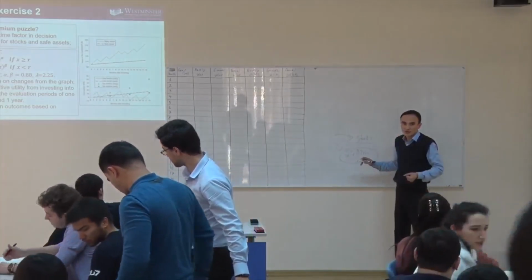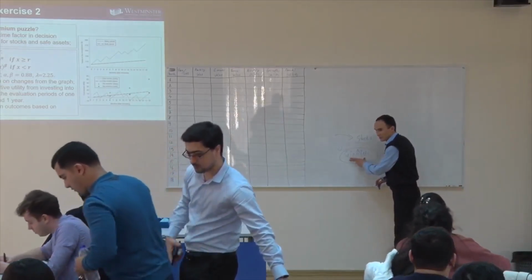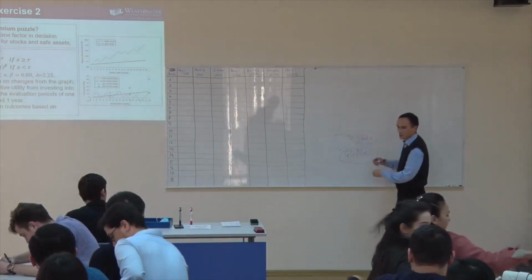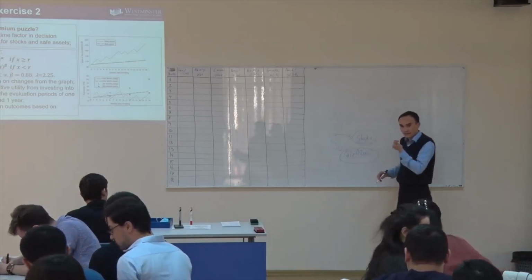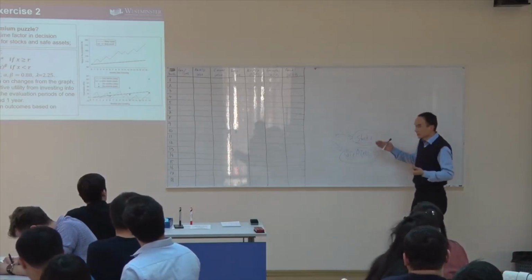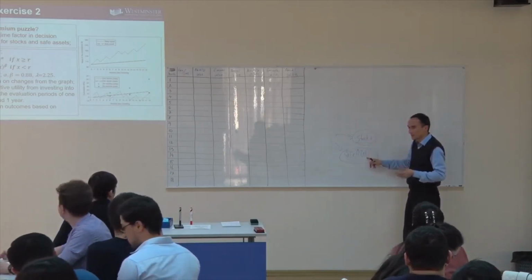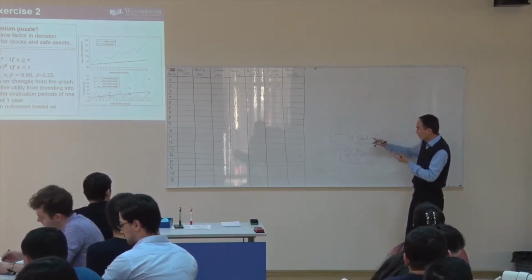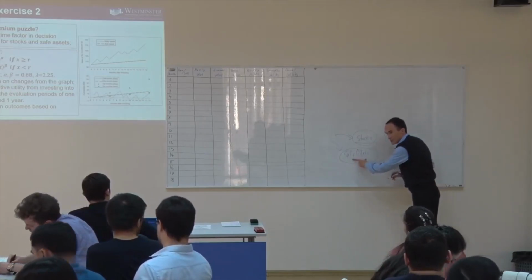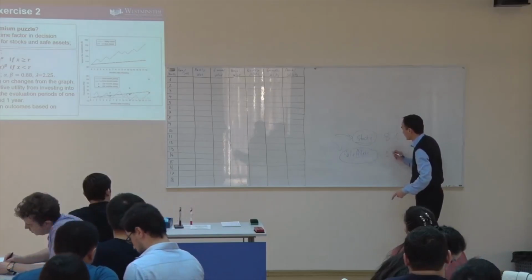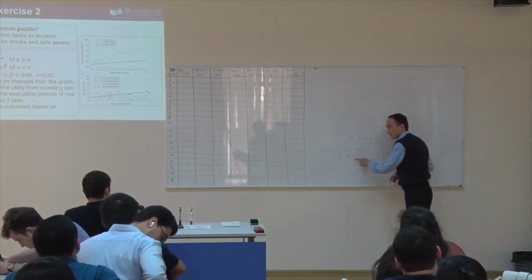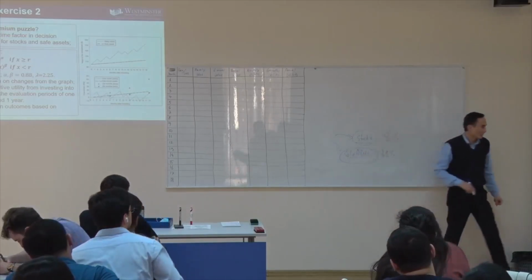Why? Because investing into stocks has risk. But the statistics from almost 70 years of data, the average return from investing into stocks and safe assets, show that the average return from investing into stocks was 8%, while investing into safe assets was less than 1%. But people were still preferring investing into safe assets. Okay, that was the case.